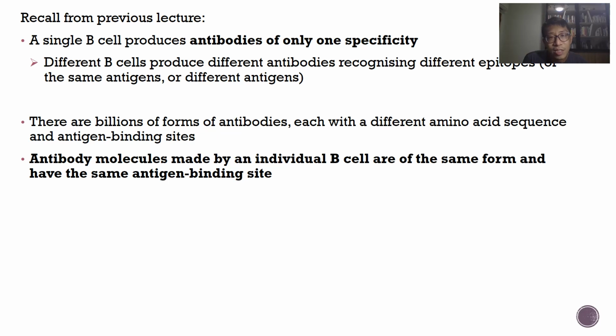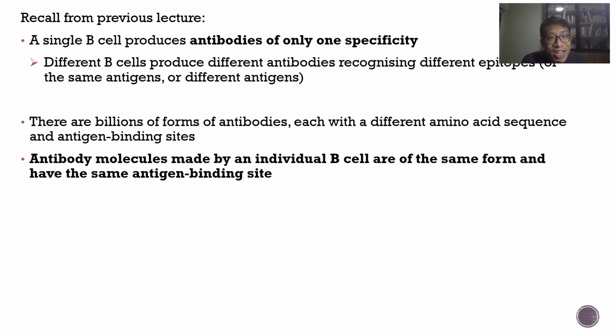So how does the B cell come up with the ability to produce antibodies of different specificity? If you think about it, in an individual, all the cells are genetically identical.